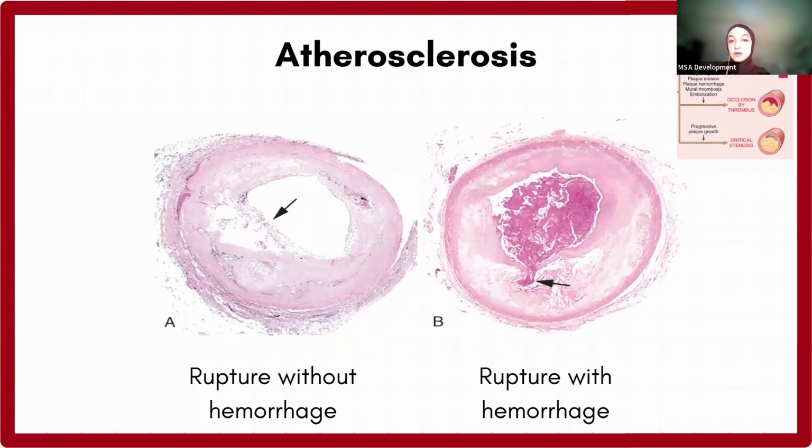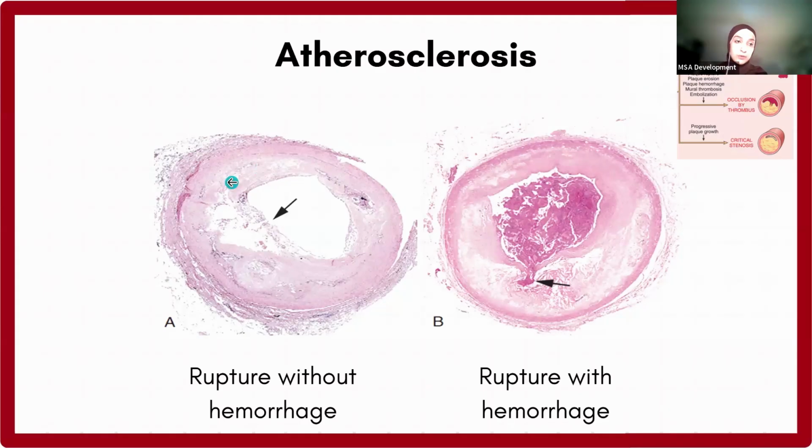Now, rupturing of any kind in arteriosclerosis is a complication, as we know. This complication of rupturing can happen due to a lot of factors. It can happen due to embolization, mural thrombus, or even wall thickening, okay?